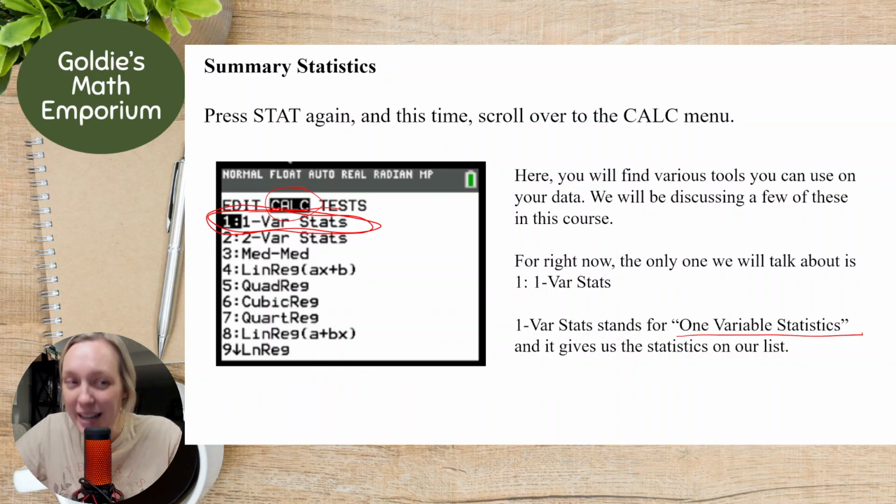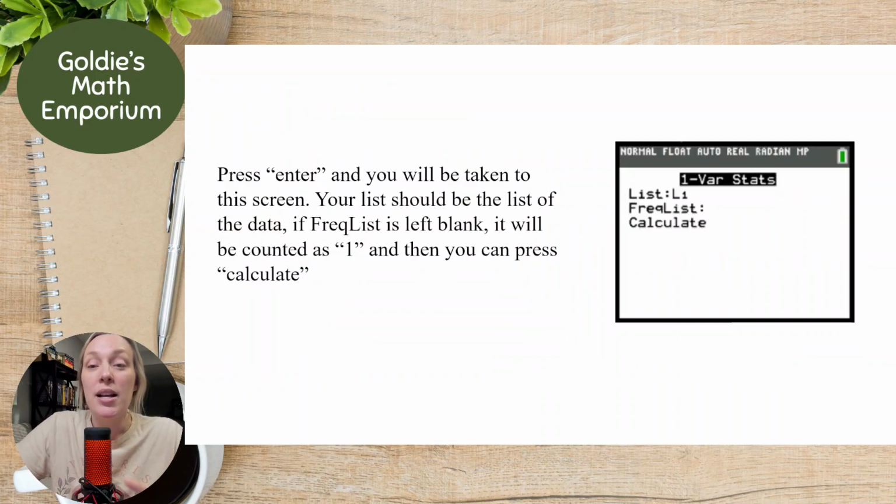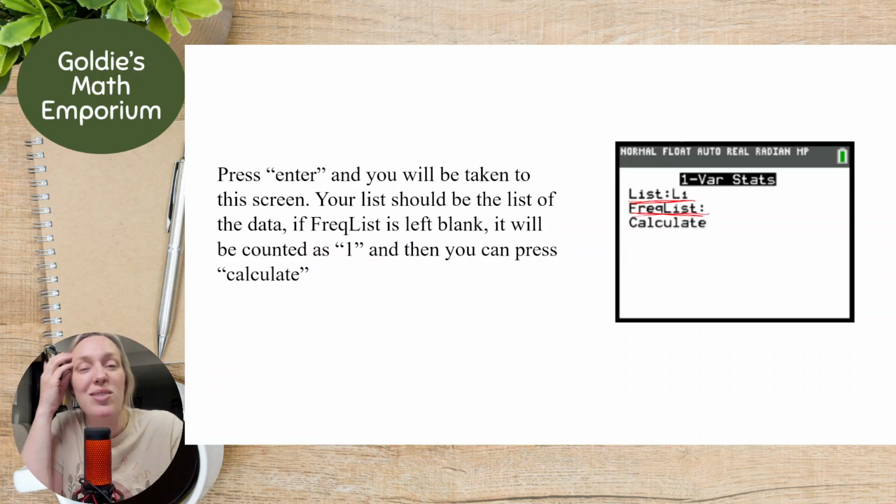So highlight that and click enter. This menu is going to appear on the newer calculators. If you have an older calculator, it doesn't, but you're going to enter then the same thing, okay? Your list is going to be your list of data, L1. Frequency list, if you leave it blank, which is kind of the default, it just counts every data value once, which is what you want.